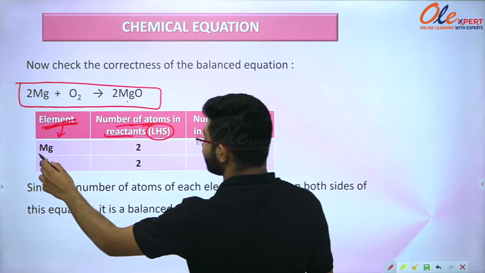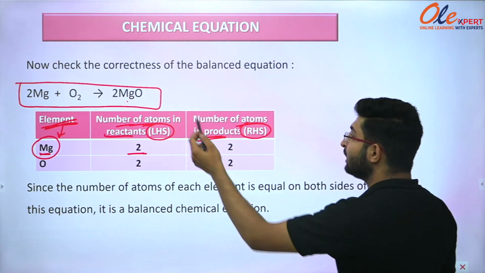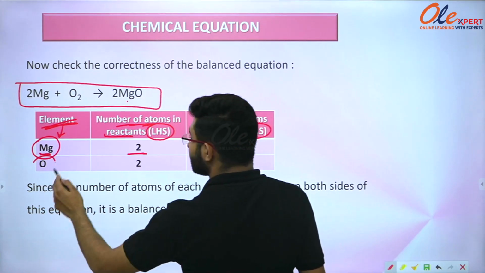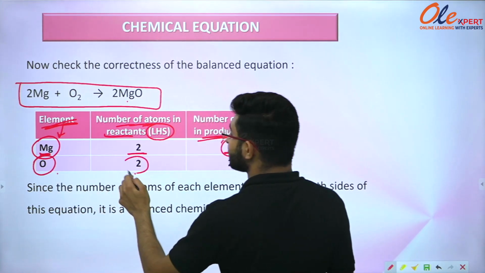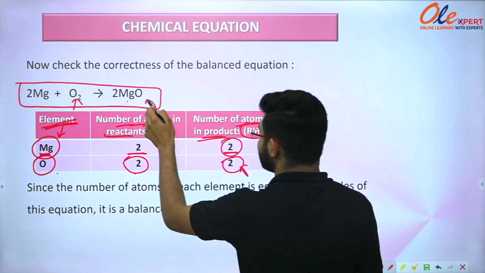When we talk about Mg, on the left hand side there are 2 atoms of magnesium and on the right hand side there are 2 atoms of magnesium as well. When we talk about oxygen, there are 2 atoms of oxygen on the left hand side as well as 2 atoms of oxygen on the right hand side.